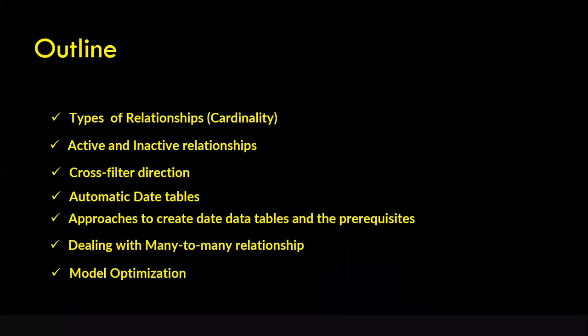There is another meaning to it; the term is used in two different places with two different meanings. Let us not worry about the other places. In the context of data models, cardinality refers to the relationship between two tables.